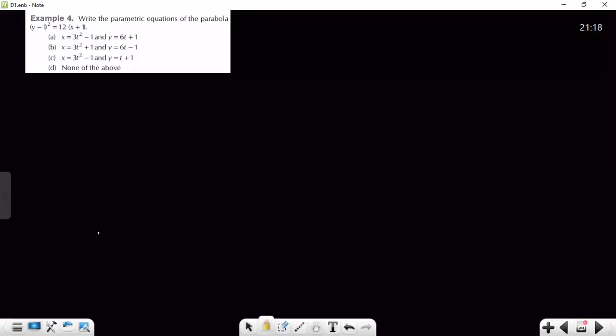There is a question. What we need to find out is x and y coordinates. So first of all, y minus 1 whole square is given as 12 into x plus 1.